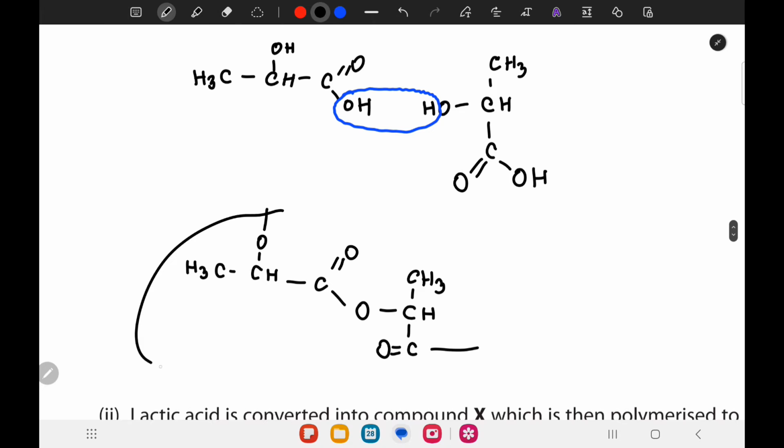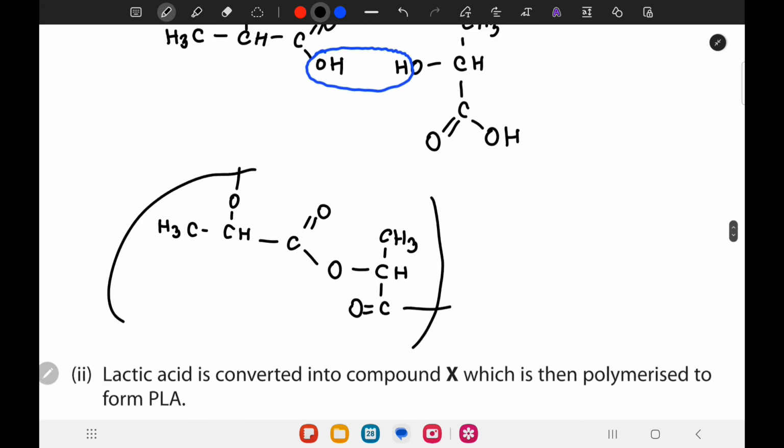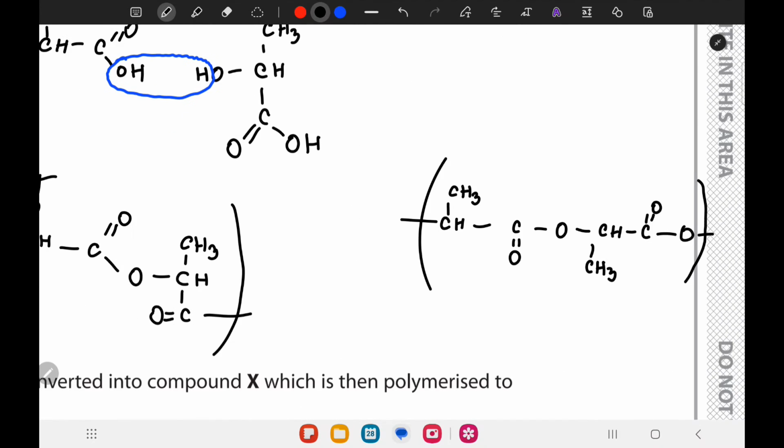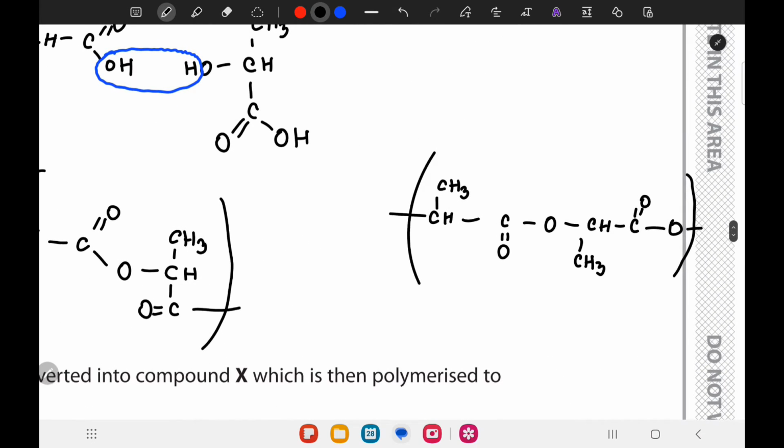So this is one repeat unit, and this is the other repeat unit. So we have two repeat units of PLA. If I want to draw it nicely, I can draw it like this as well.